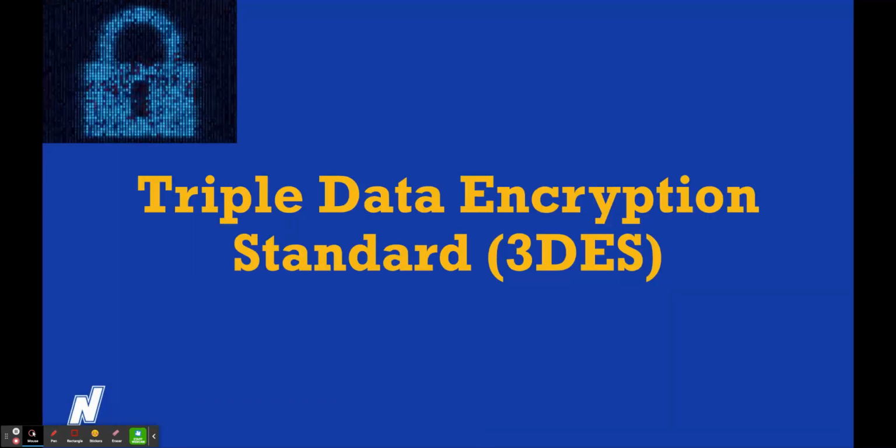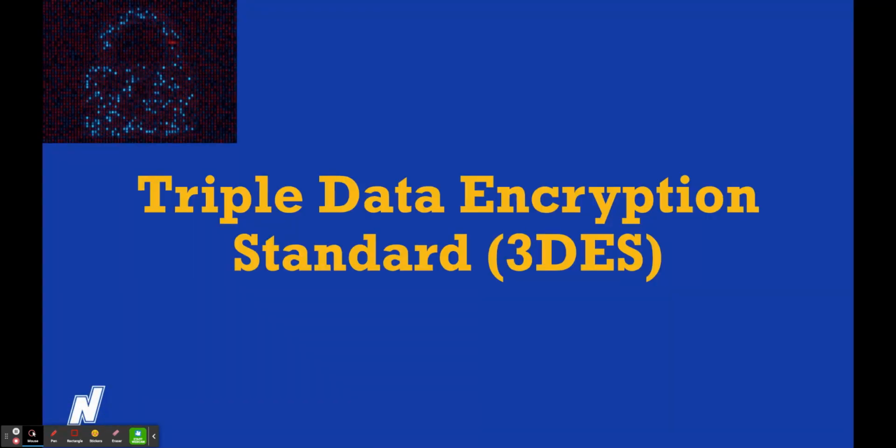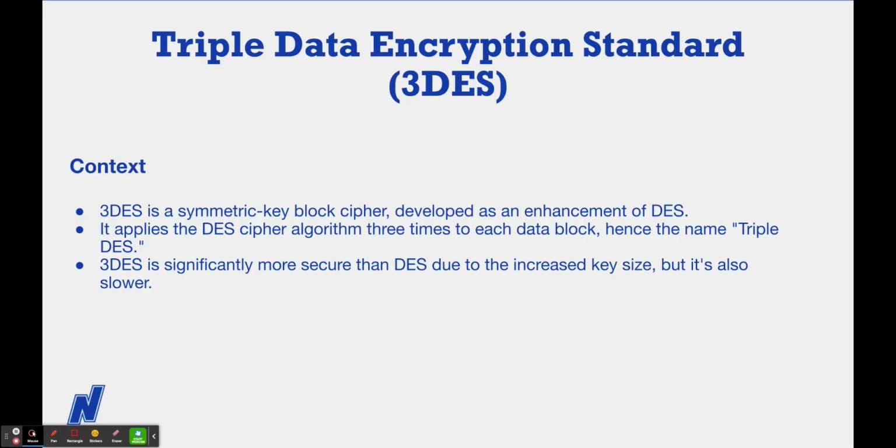Okay, we talked about DES. Now let's talk about triple DES. So triple DES is the triple Data Encryption Standard, or 3DES. It was developed as an enhancement to the original DES, as we talked about, to counteract some of the vulnerabilities that were lingering around.